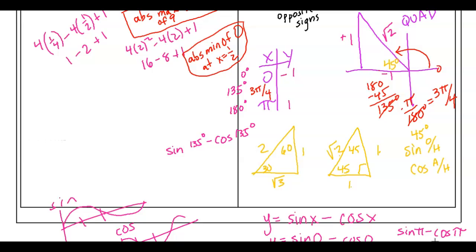So sine, you're going to use this reference triangle. Sine is opposite over hypotenuse minus adjacent over hypotenuse. So opposite over hypotenuse. We'll worry about rationalizing if we need to. And adjacent is negative 1 over root 2.